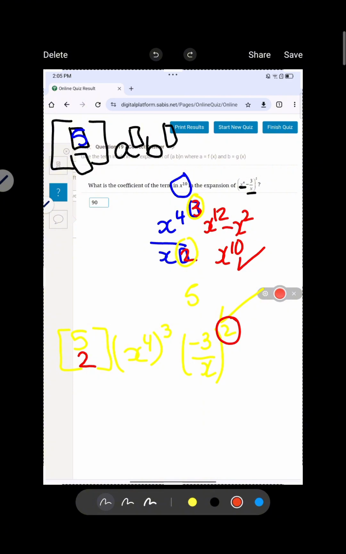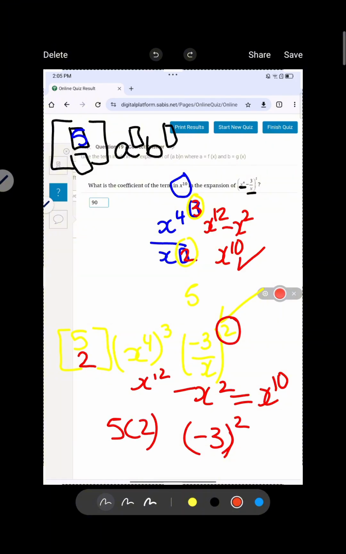Now you put it on your calculator. Of course, you remove the x's. Here it's gonna be x squared, and here it's x2. You already got it, it's x to the power of 10. So then you just put on the calculator, this is what you put. And 5C2 in a bracket. Okay, you will get 90. And they said the coefficient, so that's it.